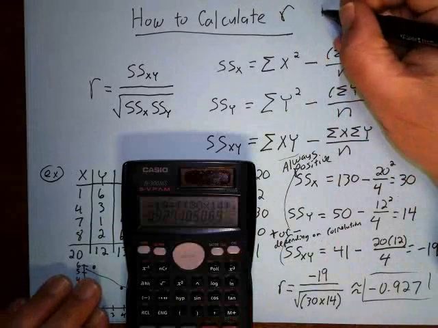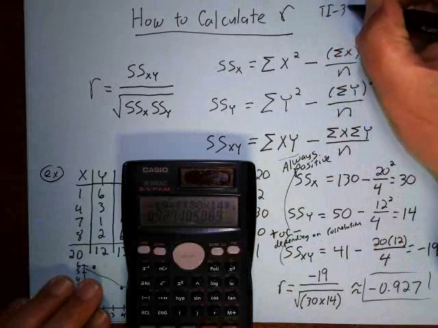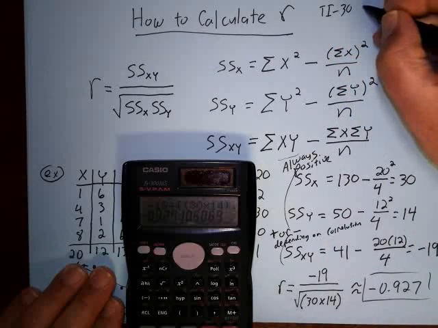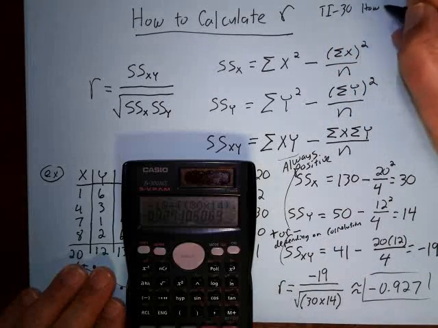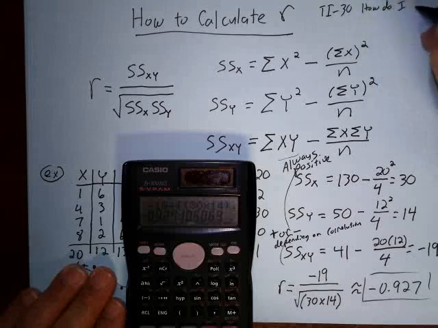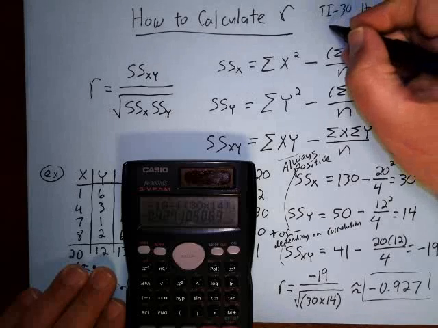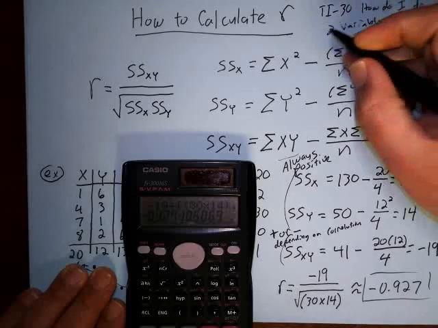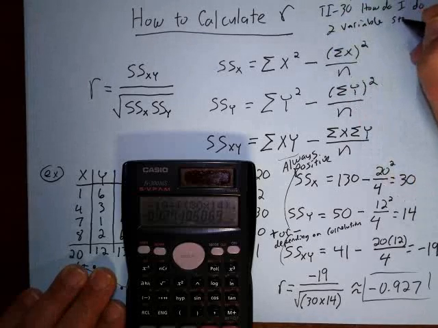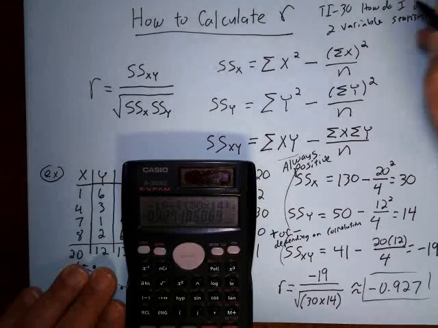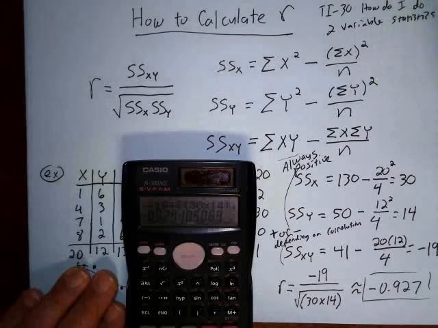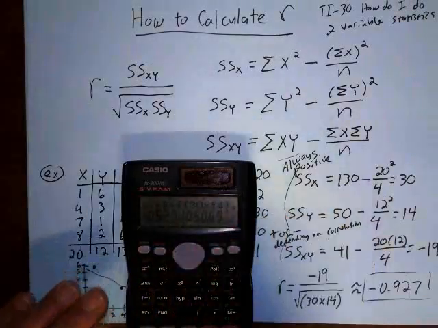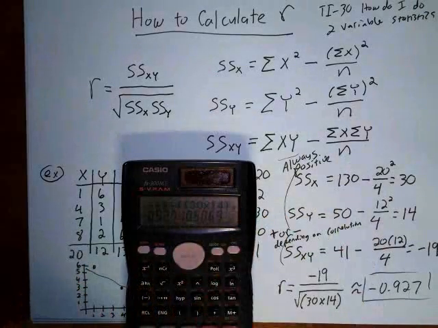So if you have like TI-30, how do I do two variables, an X and a Y, stats or statistics. And you could have, how do I do two variable statistics on a TI-30 or on a Casio FX 300 MS or whatever.